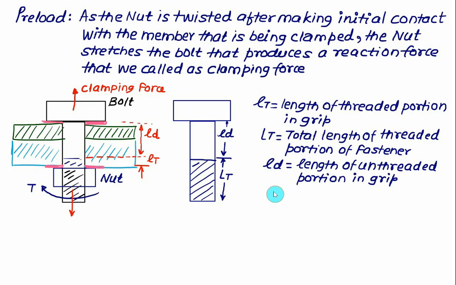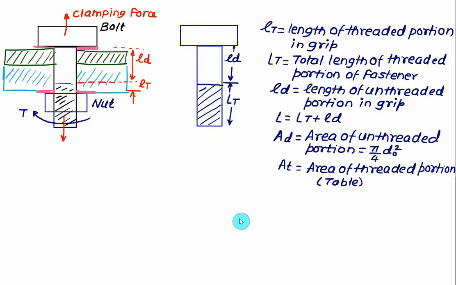And we have total length L equal to LT plus LD. Suppose the cross-sectional area of the unthreaded portion is represented by AD, which we can calculate as pi by 4 D0 square. And if AT represents the area of the threaded portion, that you have to collect from the table.